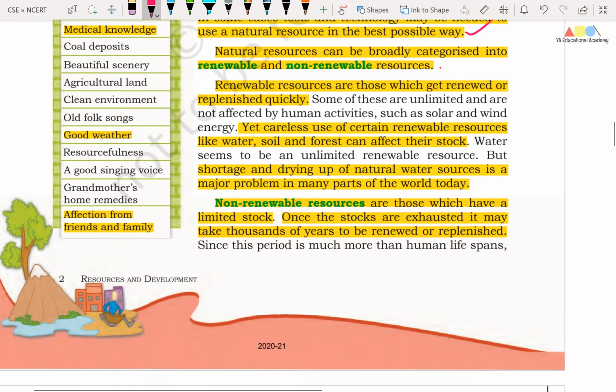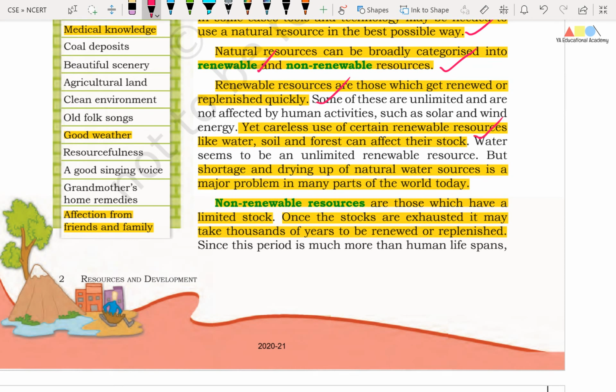Right friends, natural resources can be broadly categorized into renewable and non-renewable resources. This division you know very well. Friends, renewable resources are those which get renewed or replenished quickly. Best examples are air and water in nature. Right friends?